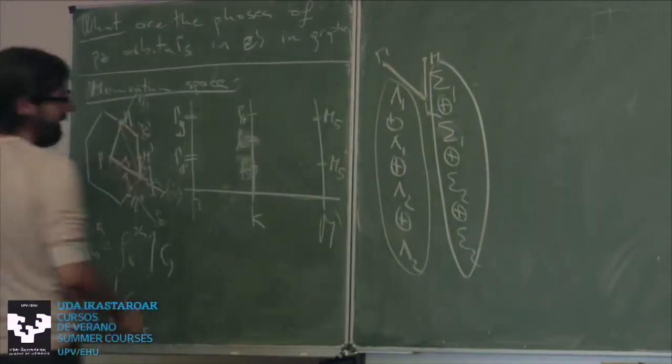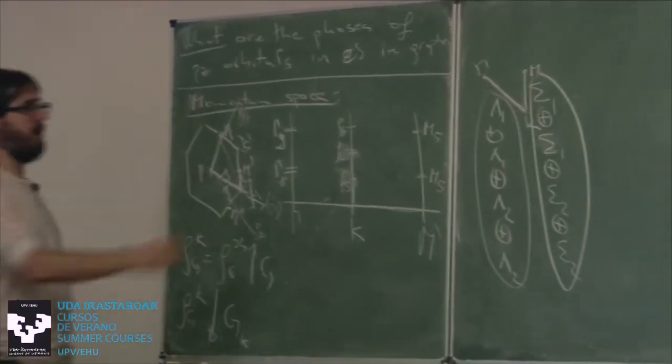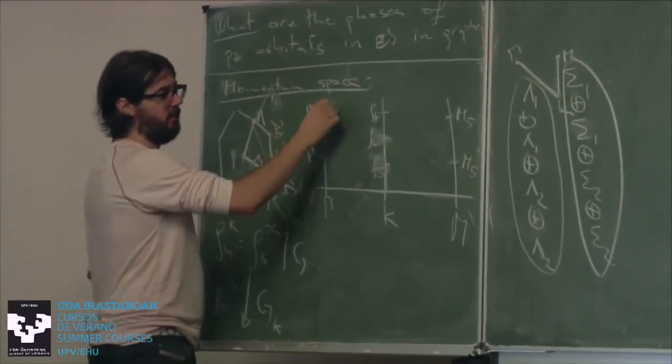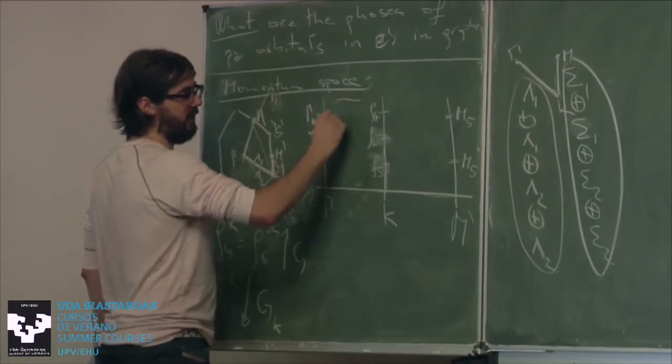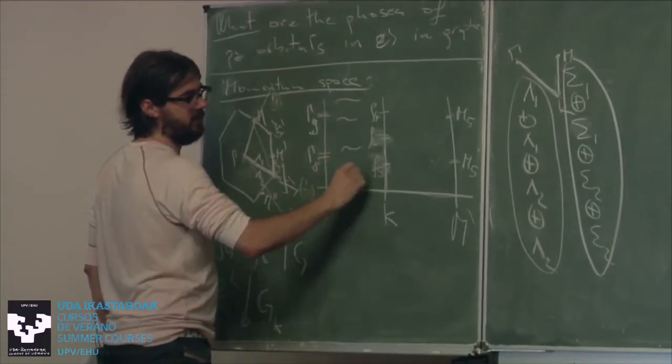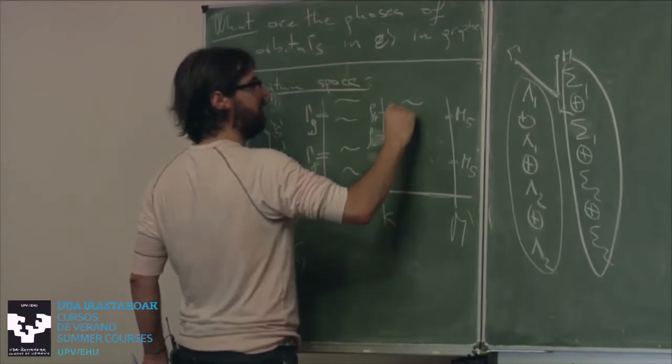So that's what it does. And that's just telling you that as I move away from this point, somewhere around here, I just have a set of bands that looks like this, four one-dimensional representations.